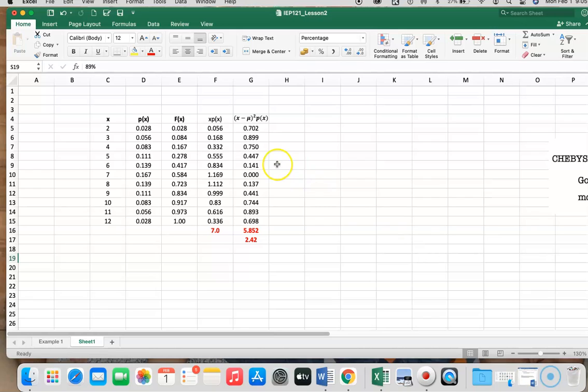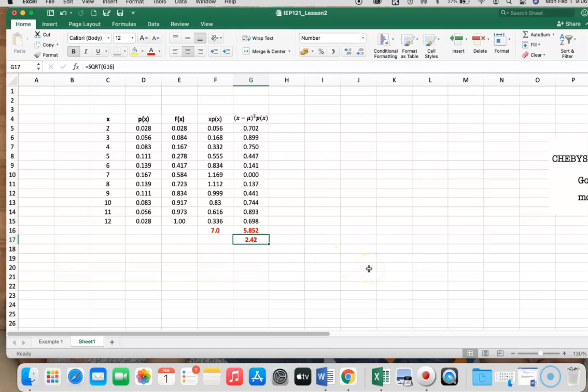So the sum could be 2 until 12. We will also use the cumulative probability distribution function. Solving for the mean and the standard deviation of this probability distribution, the mean is 7 and the standard deviation is 2.42.